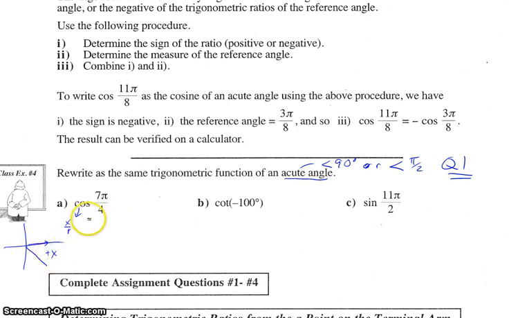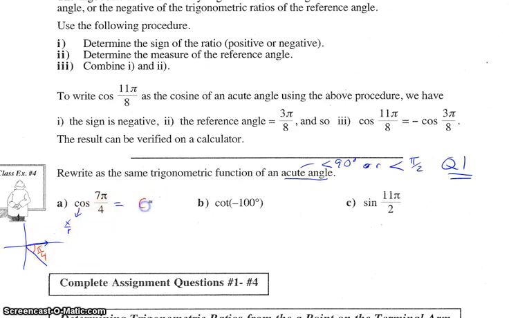Okay, so positive x. That means if we use our reference angle, now we have to find the reference angle. That angle there, our reference angle would be pi over 4, which we get by going, say, 8 pi over 4 minus 7 pi over 4, that's 1 pi over 4. So reference angle pi over 4.